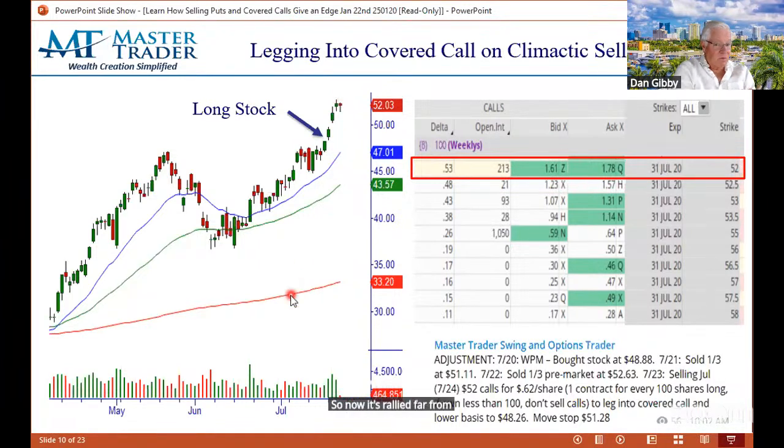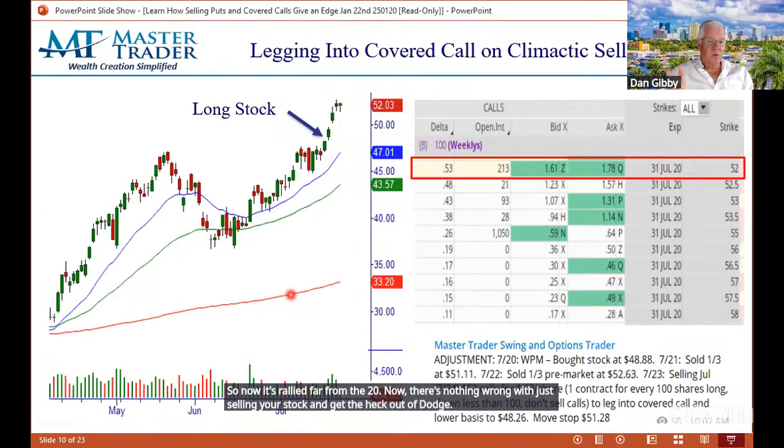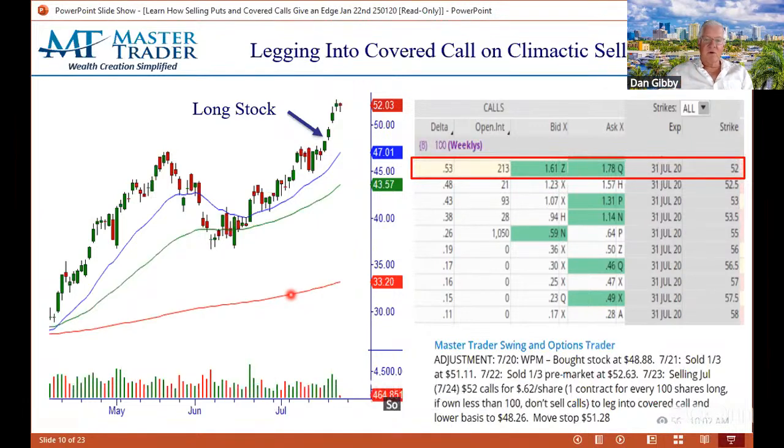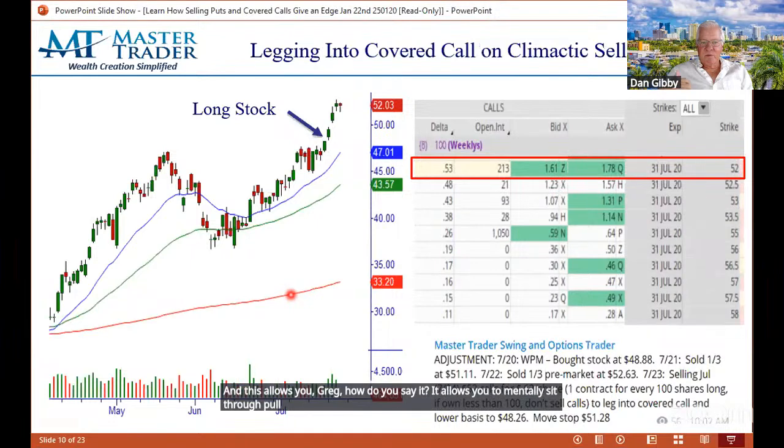There's nothing wrong with just selling your stock and getting the heck out of Dodge. So you only leg into a covered call if you still want to keep the underlying. And this allows you, Greg, how do you say it? It allows you to mentally sit through pullbacks with more ease.